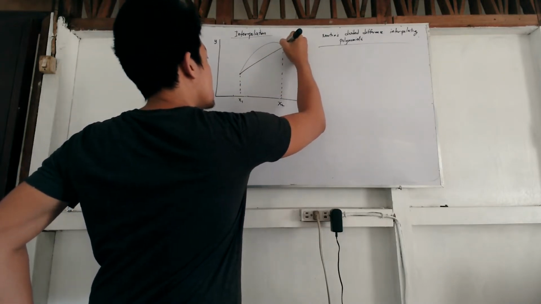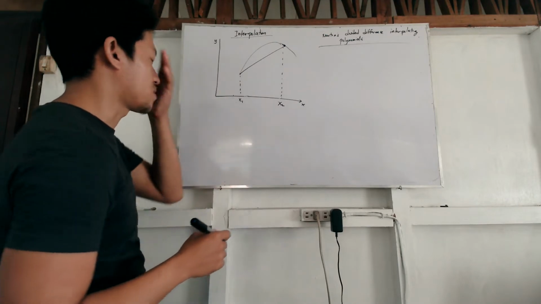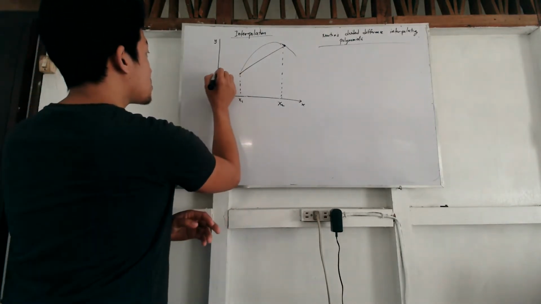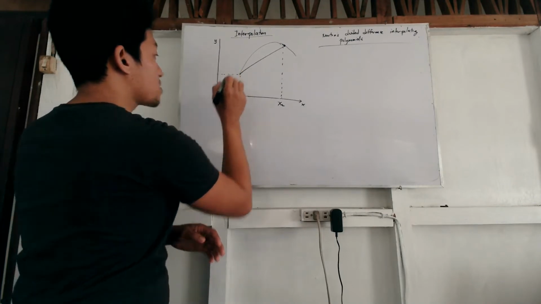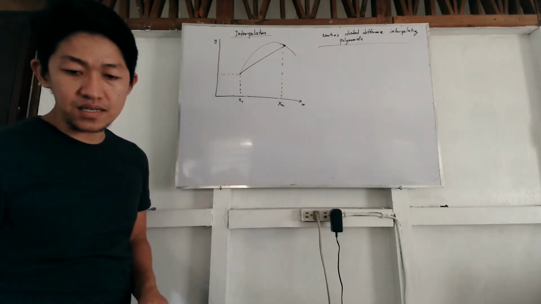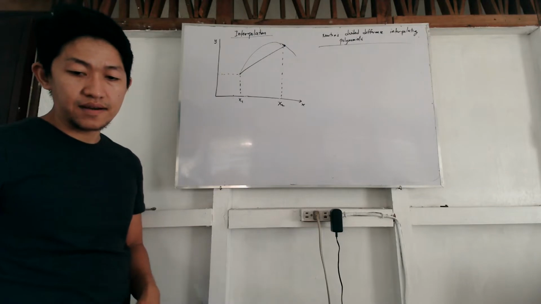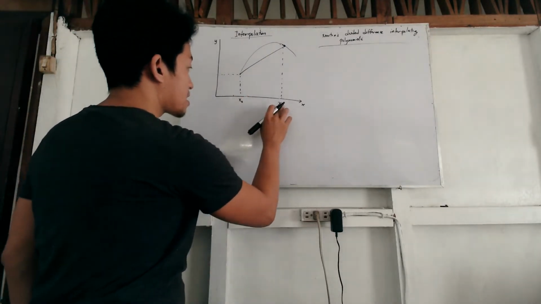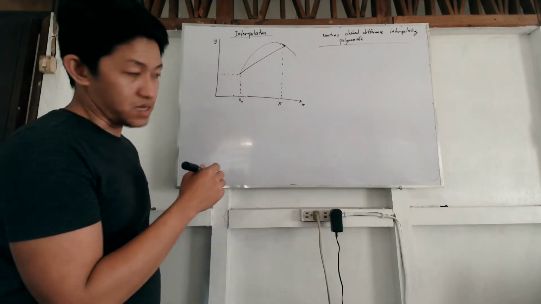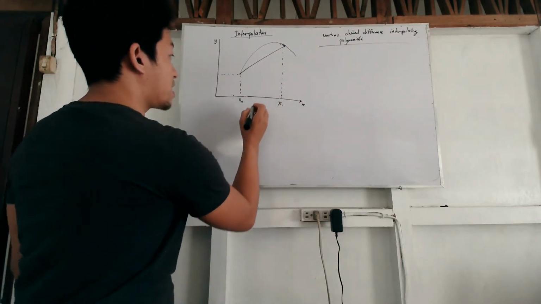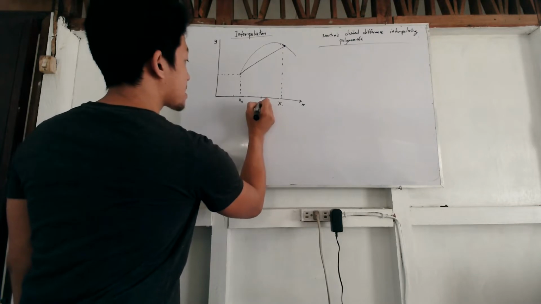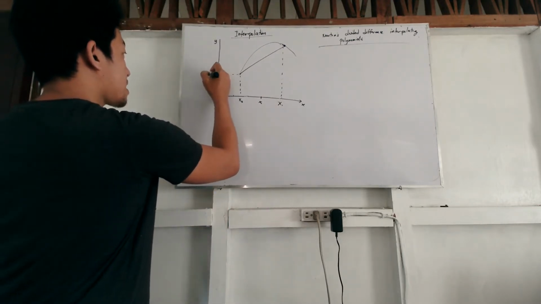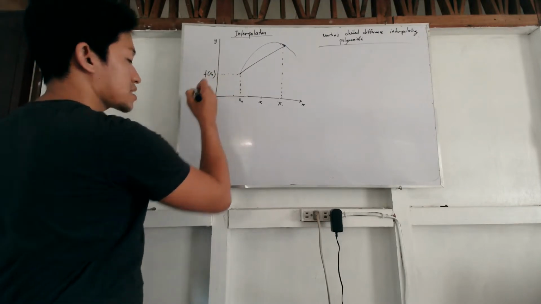And then, for your x sub 0, what is the y value for this? This will become f of x sub 0.